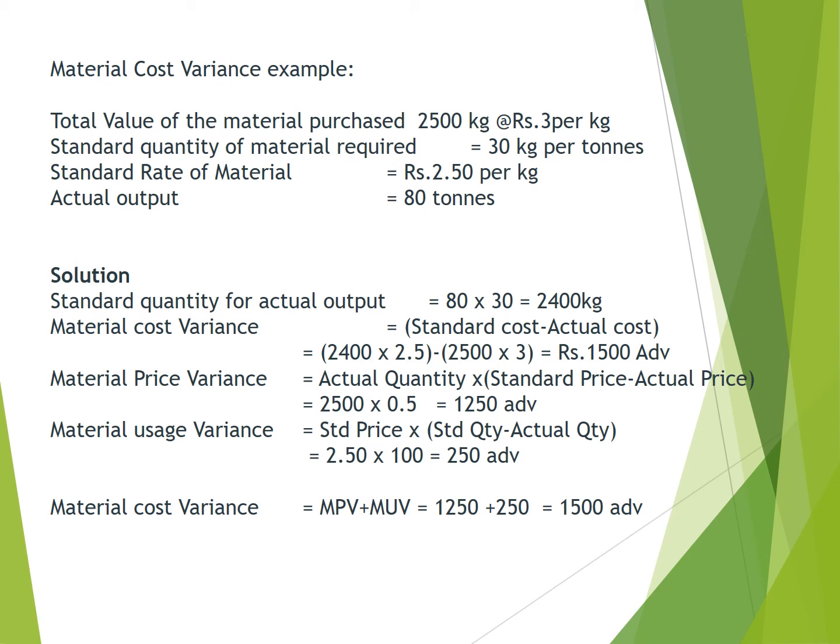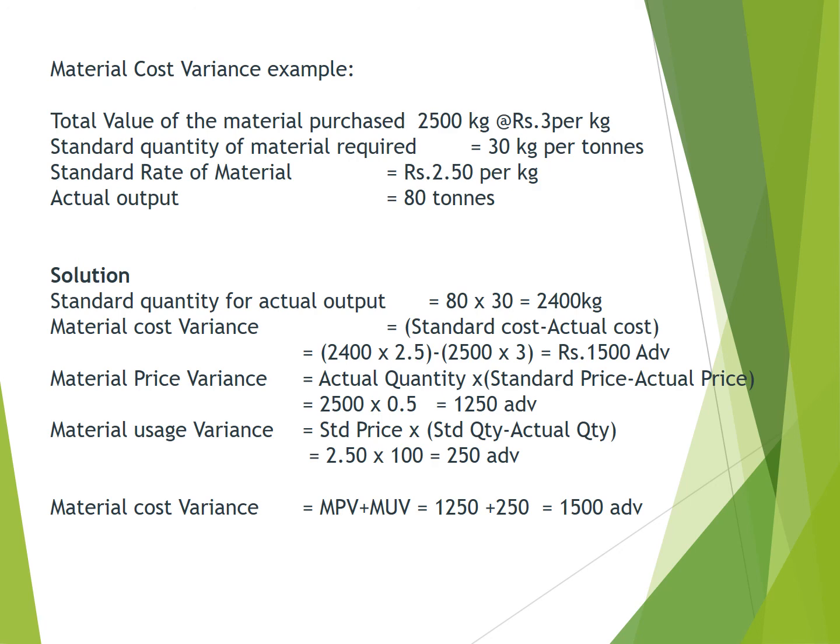Then the material cost variance. First we have to find out the material cost variance. Standard cost minus actual cost. Standard cost is 2400 kg at the standard rate of 2 rupees 50 paisa, whereas the actual cost is 2500 kg purchased at rupees 3. So 1500 rupees adverse variance.